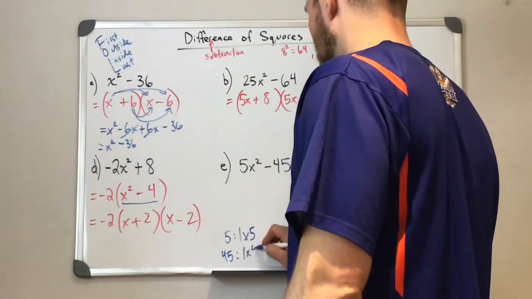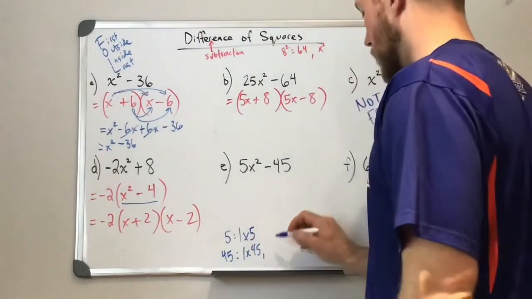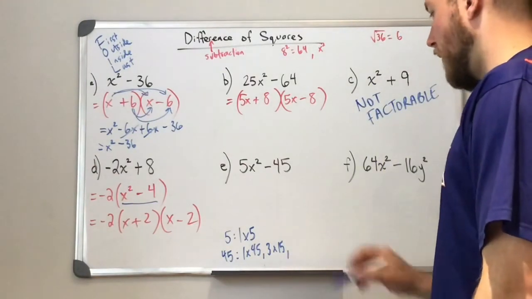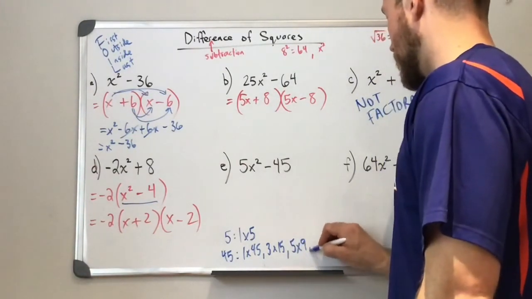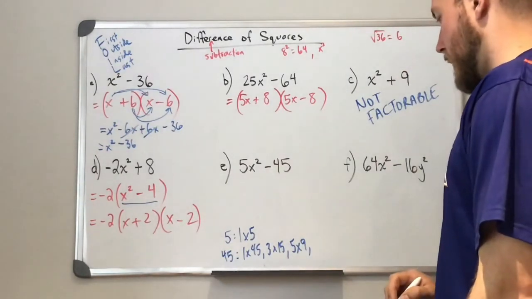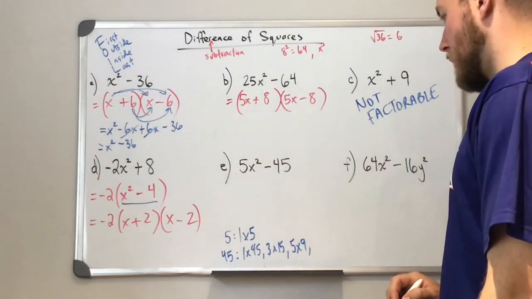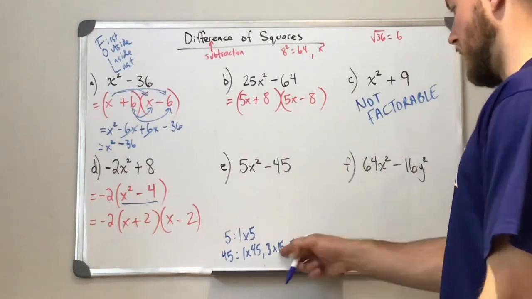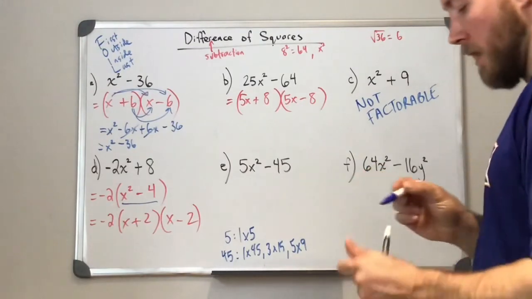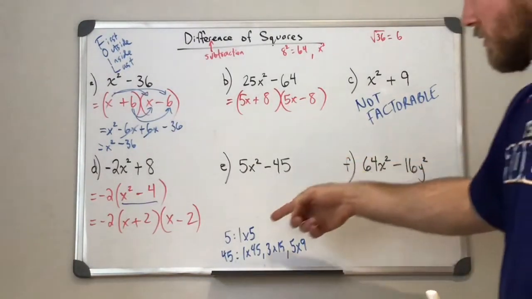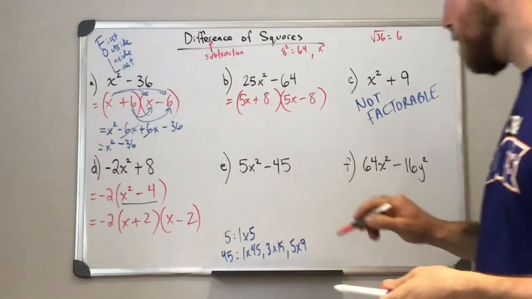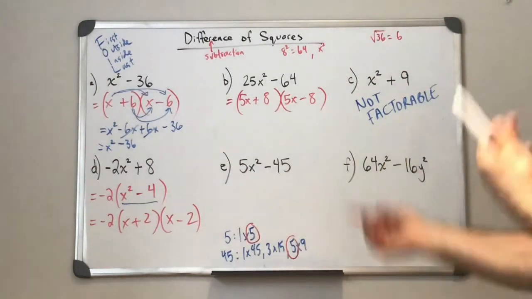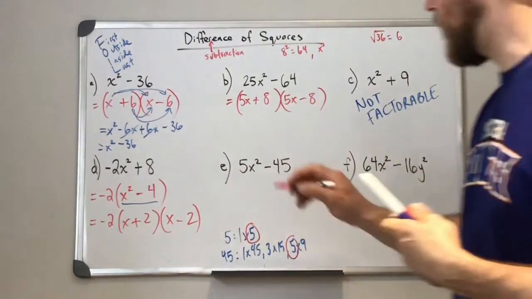We got 1 times 45, 2 doesn't work, 3 times 15 works, 4 doesn't work, 5 times 9 works, 10 doesn't work, 11 doesn't work, 12 doesn't work, 13 doesn't work, 14, 15's here. That's our whole list. Okay, so we listed out all of the factors for 5 and 45. The biggest number in both is a 5, so that's how I know I can common factor it out.